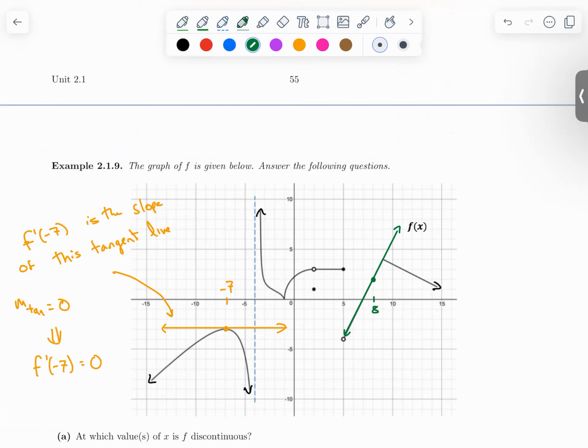You can find the rise any way you really want to. I'm going to do it from here. That's a rise of 4 over a run of 2. So f prime of 8 equals 4 over 2, which is 2.